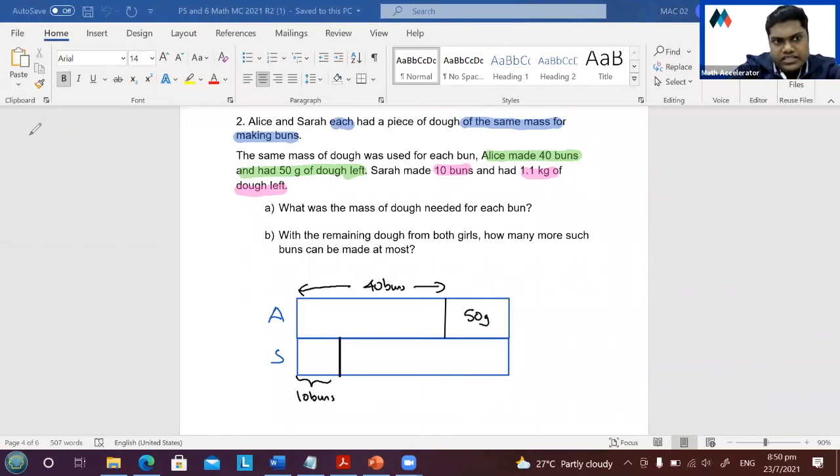So can I ask the chat? 1.1 kg is how many grams? Okay, pretty good, all of you. It's 1,100 grams. So put it down here. This is 1,100 grams.